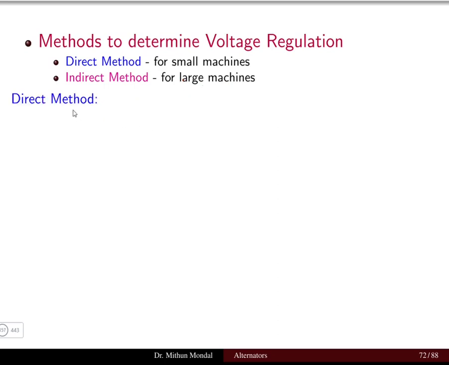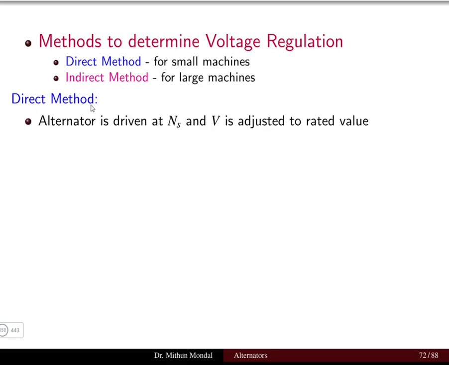The direct method, first we will take. In the direct method, the alternator is driven at the synchronous speed and the voltage is adjusted to the rated value. So the voltage of the alternator is kept at the rated value, and the alternator rotor is driven at the synchronous speed.